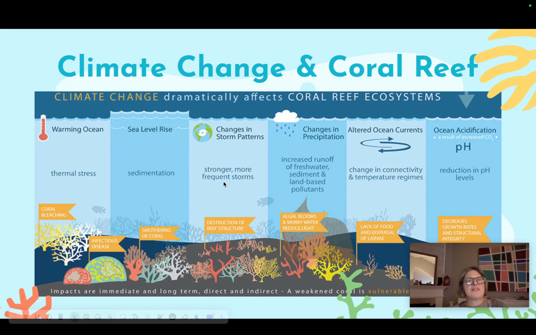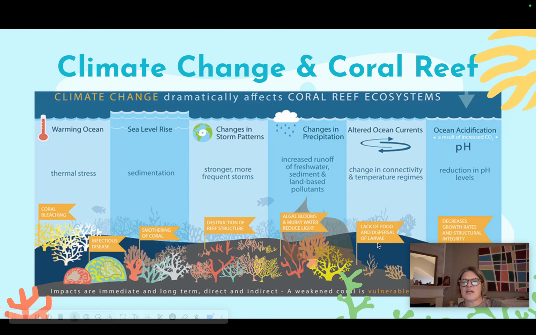Okay. And then this graphic is nice because it really shows you everything that's happening to coral. So from coral bleaching to infectious disease to smothering of the coral where it's not getting enough oxygen, destroys the reef structure is a problem. Murkier water because of increased algae, and then that reduces the amount of light that reaches the reef.